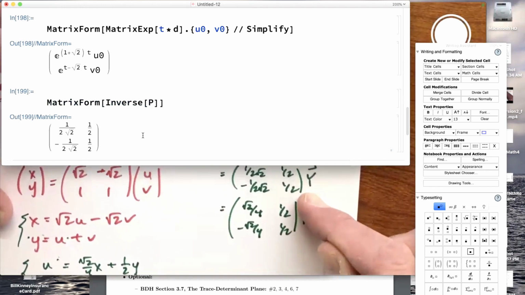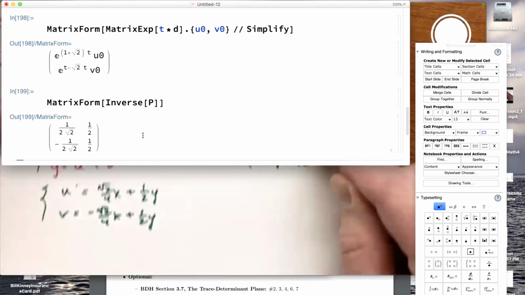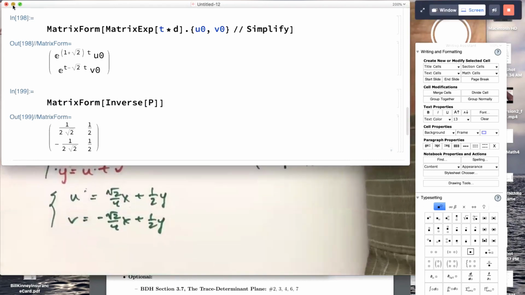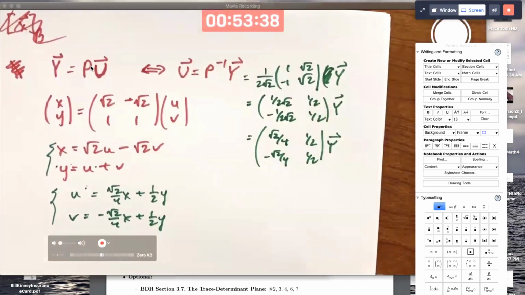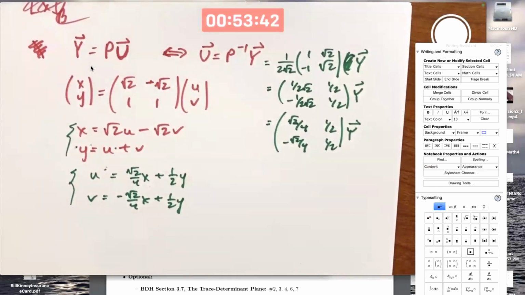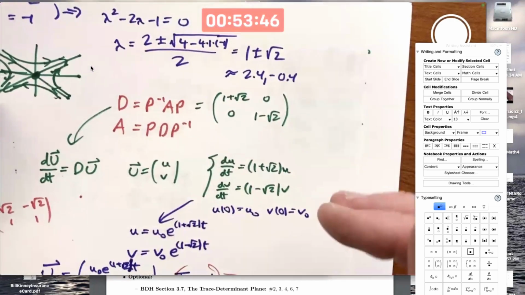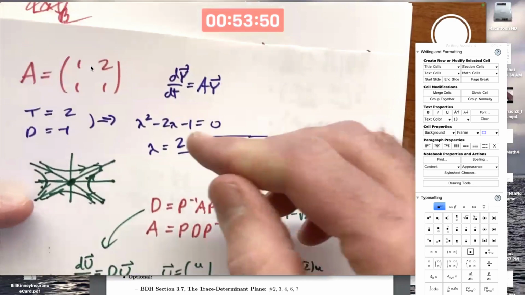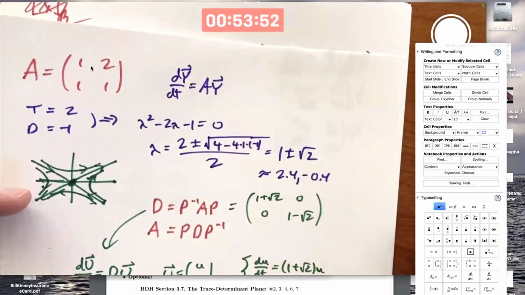And I'm confident that I rationalized the denominator okay. We'll need both, is what I'm trying to get at here. So here's one way to now relate. The goal here is we're trying to relate this completely decoupled system to the original coupled system.